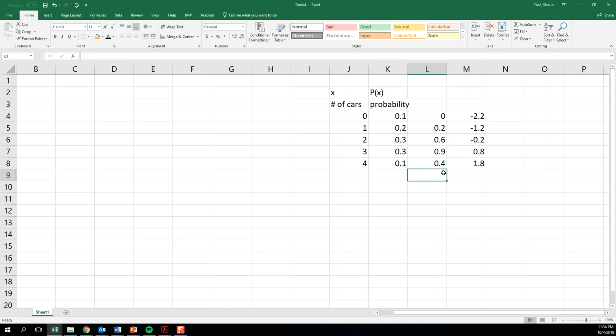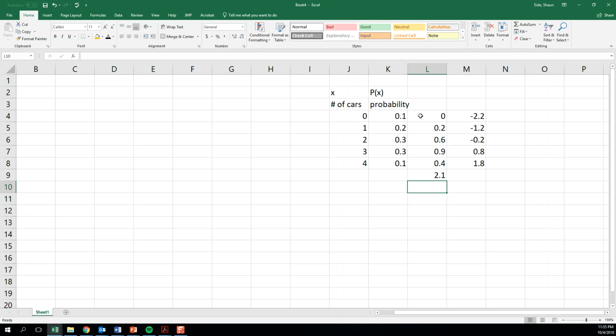So if you add all of these up together, it gives you the mean. Okay, and once again, the mean is the expected value. So the expected value is 2.1, or you expect to sell 2.1 cars. Obviously, you're not going to sell 2.1 cars. You're either going to sell 2 or you're going to sell 3. But on a given day, the expected value is 2.1 cars.